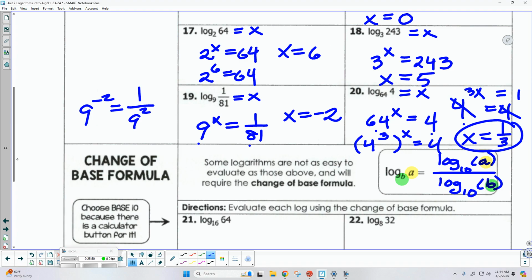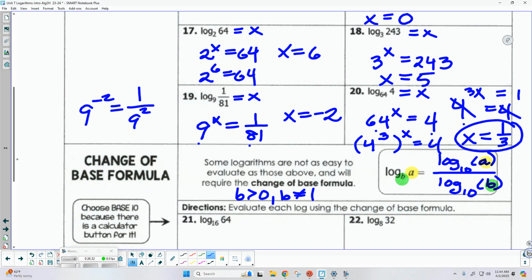Whatever base you choose, it has to be positive, and the base cannot equal 1. As long as you're choosing a base that is not negative and cannot be 1, you're going to get the same answer every single time.